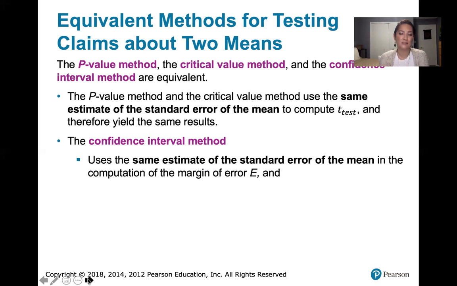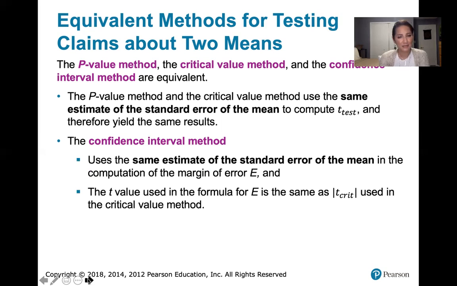Now, another reason is that the t-value used in the formula for the margin of error E will actually be the same as the absolute value of that critical value of t used in the critical value method. So that margin of error is that t-value times an estimated standard deviation.